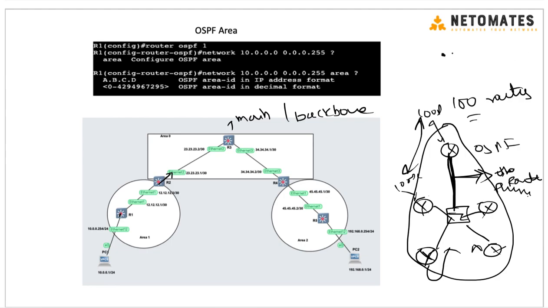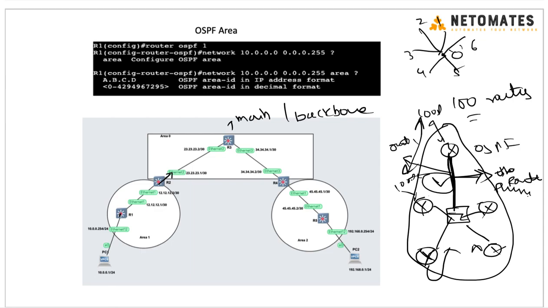In the middle you take area 0, and all other areas, area 1, 2, 3, 4, 5, 6, you attach to the main area, like a hub and spoke model. All the smaller areas will advertise their routes to the main area, and the main area can send these routes to the other areas. This way we don't use the physical links for the most part for routing updates, so there will be less congestion and the network will be more free compared to this topology.